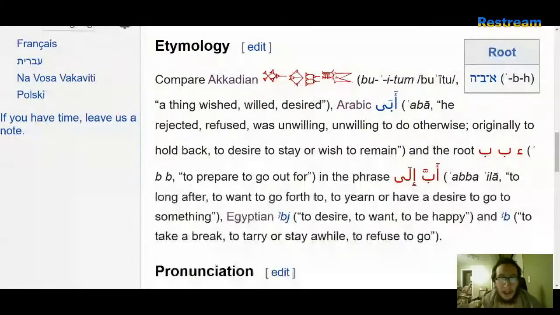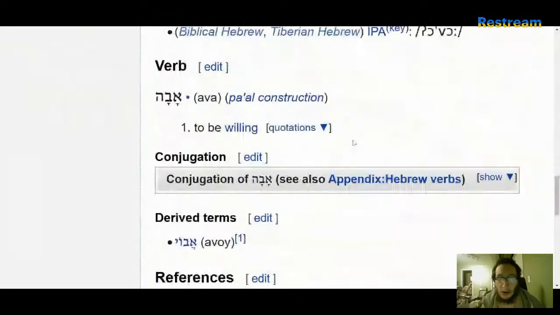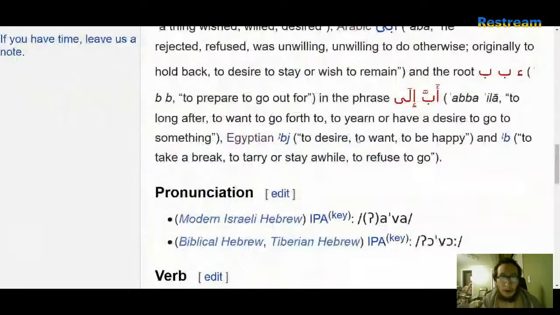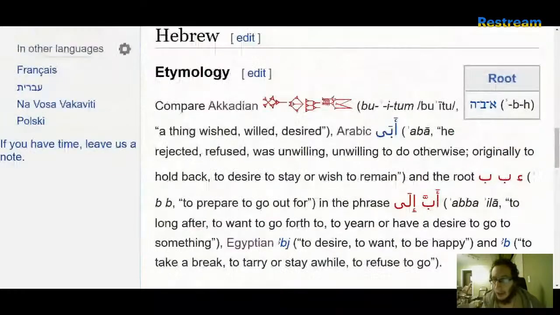Okay, let's share the screen. So they say compare the Akkadian Buitum. So it doesn't really have an article for the Akkadian on Wiktionary.